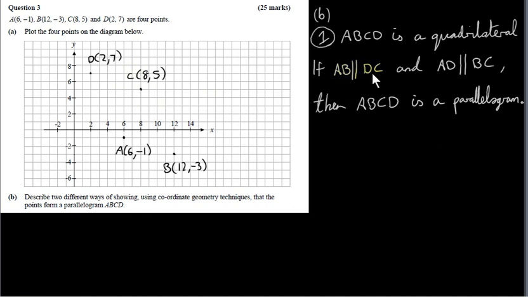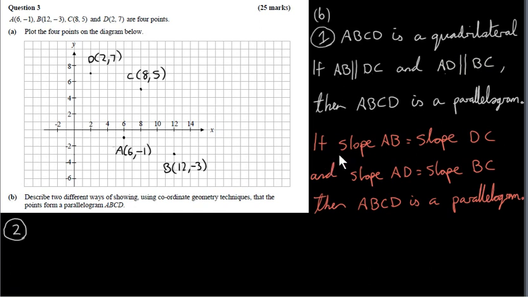So if the slope of AB equals the slope of DC, then AB is parallel to DC. Similarly for sides AD and BC. So here is the first method for showing, using coordinate geometry techniques, that ABCD is a parallelogram. We won't actually show it for this particular one, not at this point anyway.